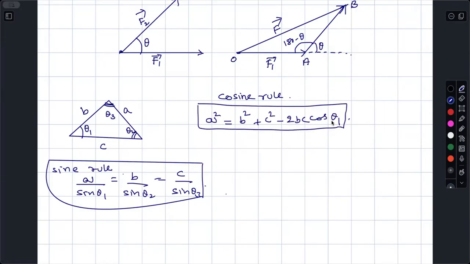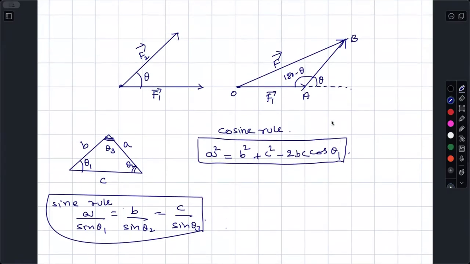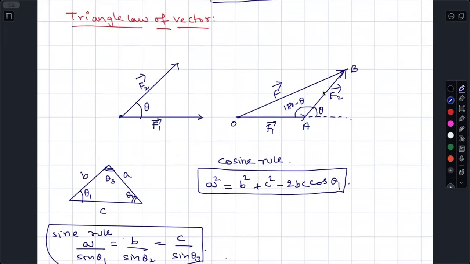Sir, why are you teaching that right now? I will apply cosine rule here. In this triangle, one is F1 side, the other is F2 side, and F is the third side. So here what can I write using cosine rule?